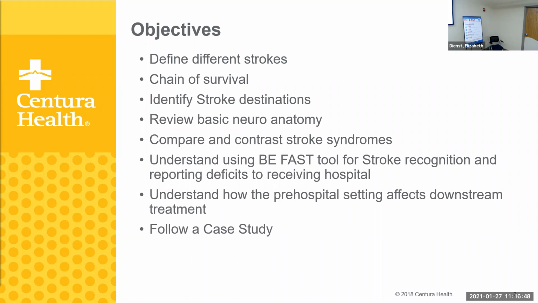And this is your way to be able to report deficits when you get to the hospital. And I want you to understand how important the pre-hospital setting is to how the patient gets treatment, the whole downstream effect, the whole hospital experience. And we're going to follow one case study.